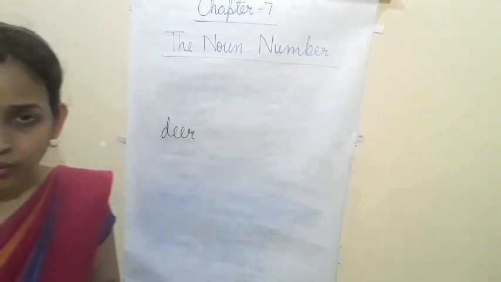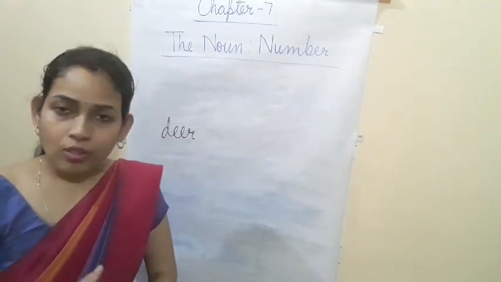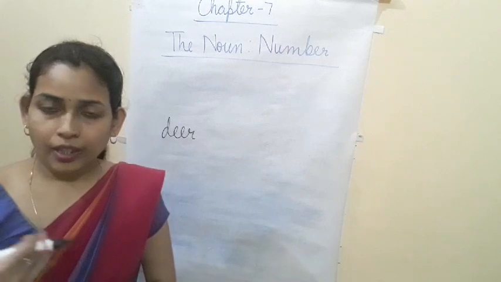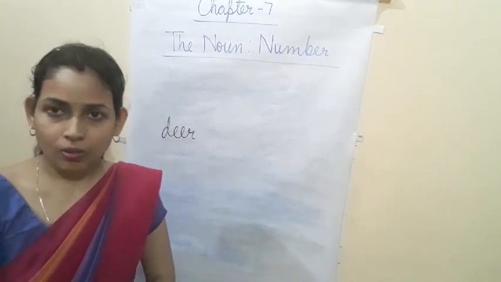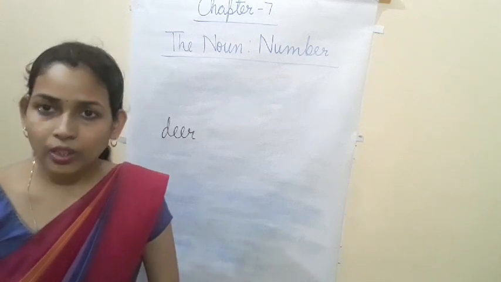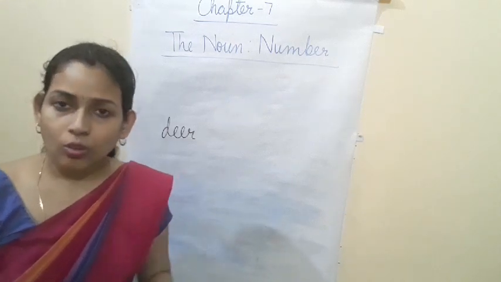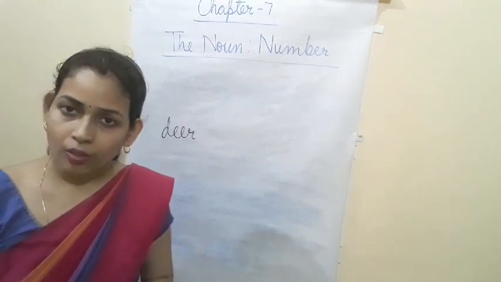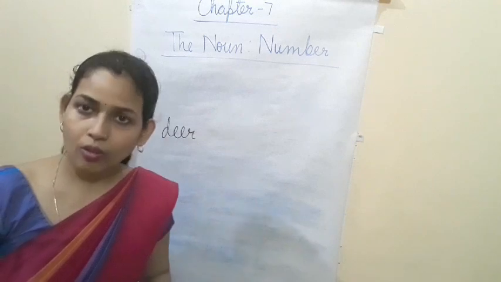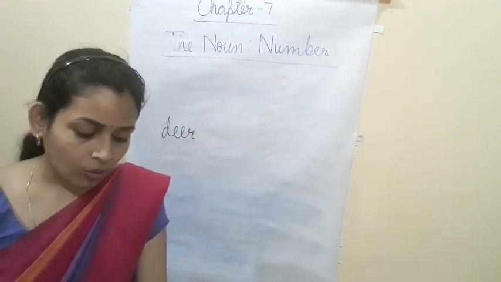You should know, this is very important. Those nouns we cannot change into plural. Those nouns are the same in singular and plural. We should know it. Only a few are there.